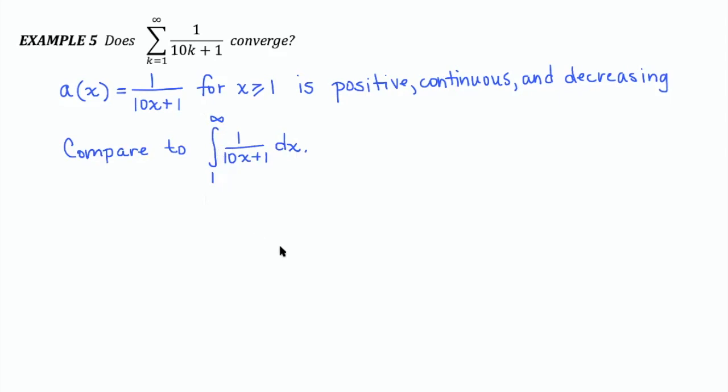Remember, we do that by substituting the letter t for the value that is improper, and then we take the limit. So we're going to evaluate this improper integral by taking the limit as t goes to infinity of the integral from 1 to t of 1 over 10x plus 1 dx. So the first step is to actually just evaluate the integral, then we go ahead and take its limit.